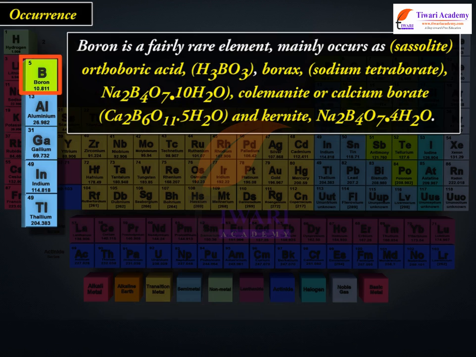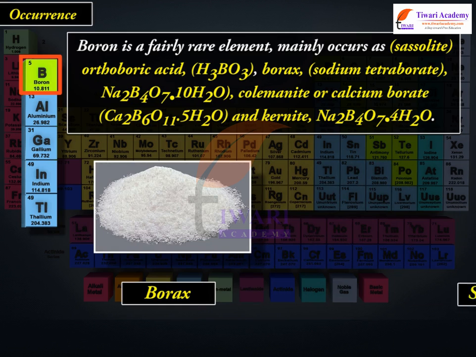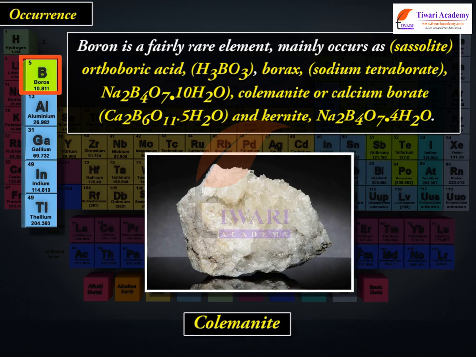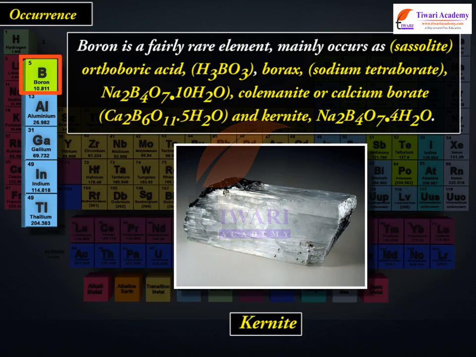Boron is a fairly rare element, mainly occurring as sassolite, orthoboric acid, H3BO3, borax, sodium tetraborate, Na2B4O7.10H2O, colmanite or calcium borate, Ca2B6O11.5H2O, and kernite, Na2B4O7.4H2O.